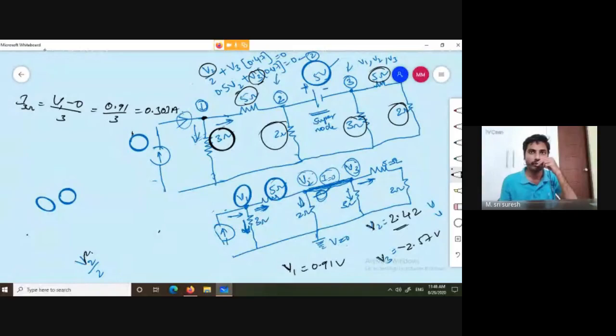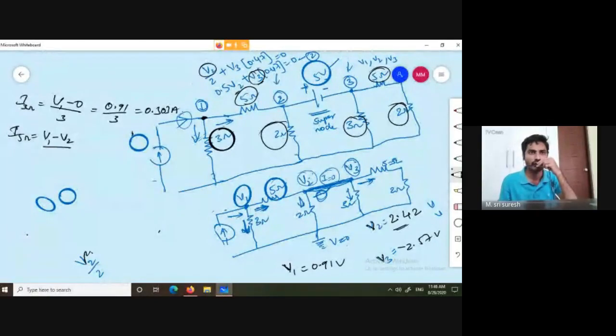Now I want to calculate I at 5 ohms. The 5 ohms is in between nodes 1 and 2. So I at 5 ohms is equal to V1 minus V2 divided by 5. The potential difference is V1 minus V2.